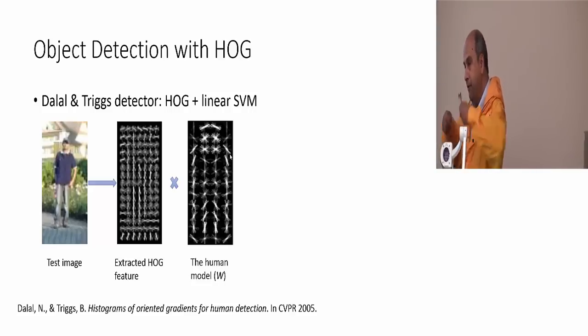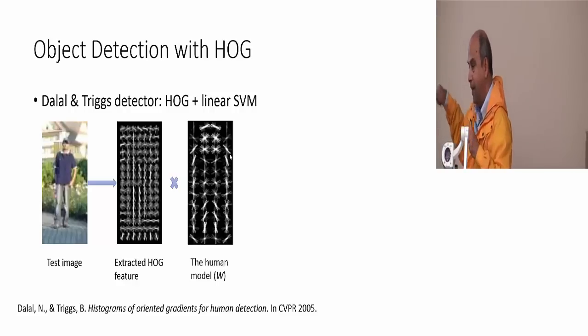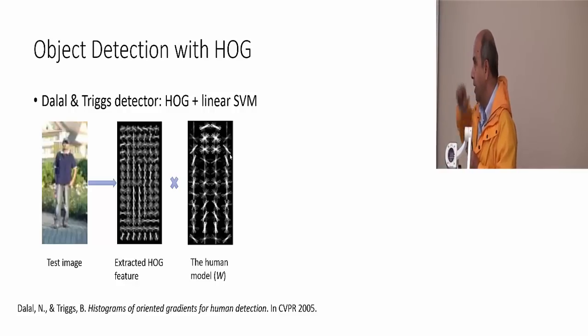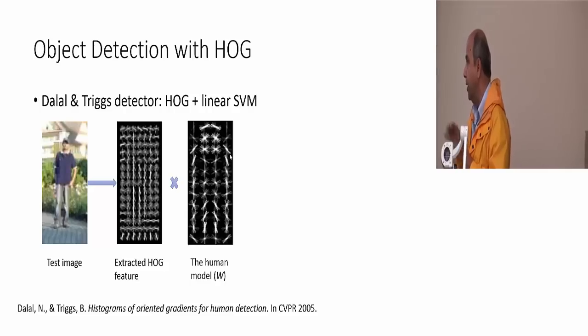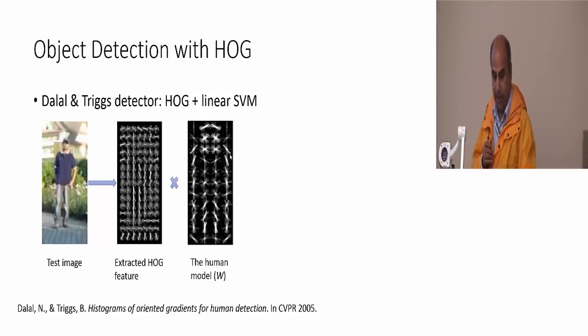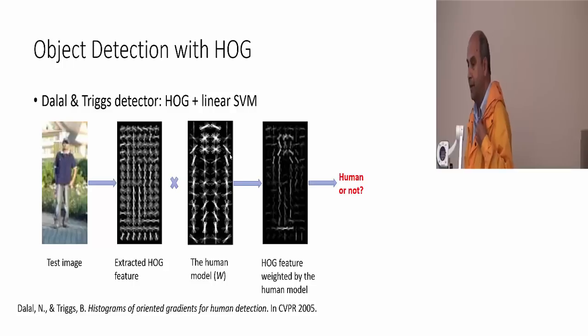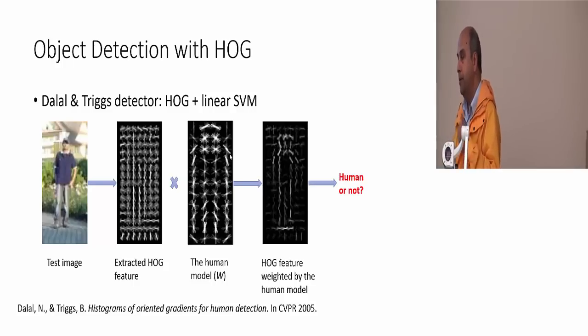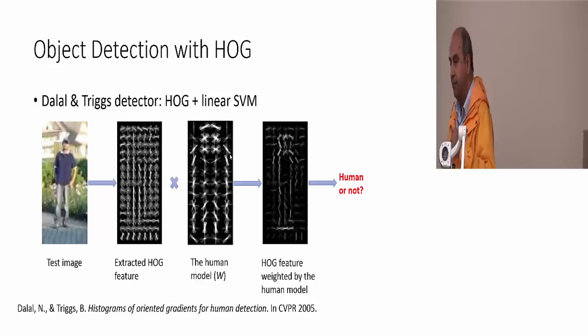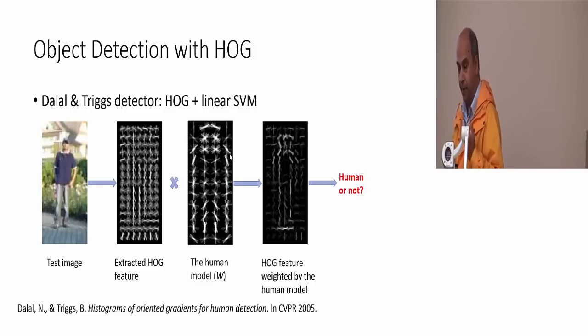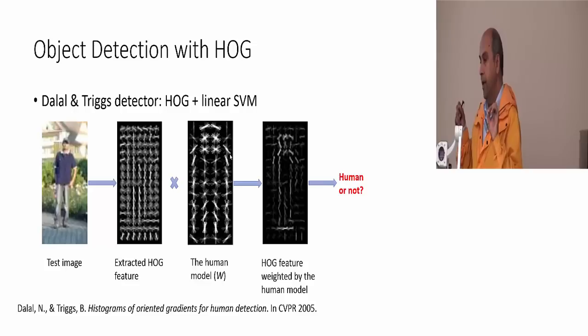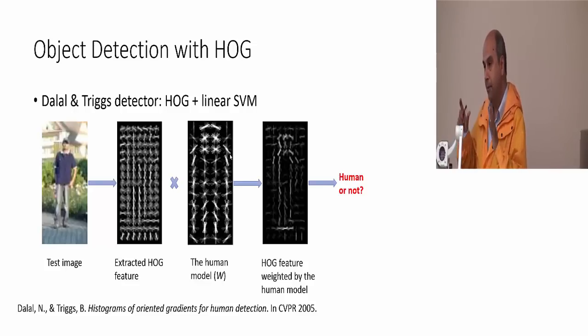If W is a vector, but you put it back as an image, then it looks like that. This is like a human model. You multiply with that, then you will get something like this, and then you will say if it's a human or not. So it's interesting that in a way, human detection using HOG and SVM can be treated as template matching. You're basically applying a template, which is very nice, because the SVM essentially is doing your W multiplied by the feature vector X.